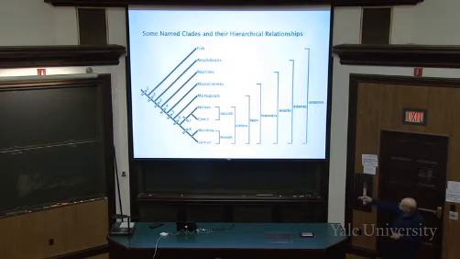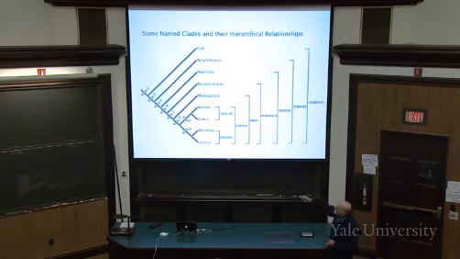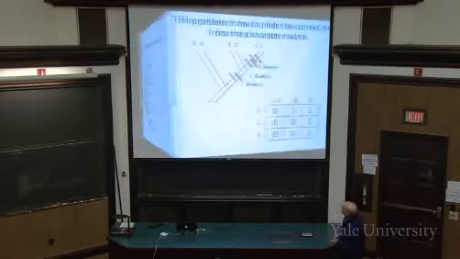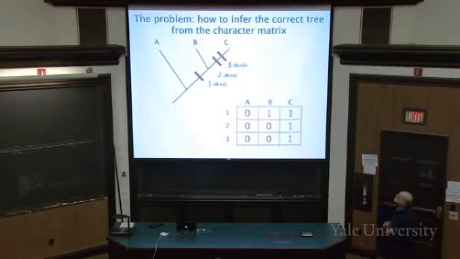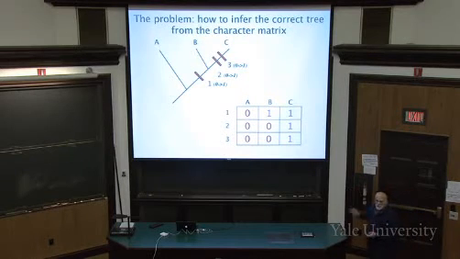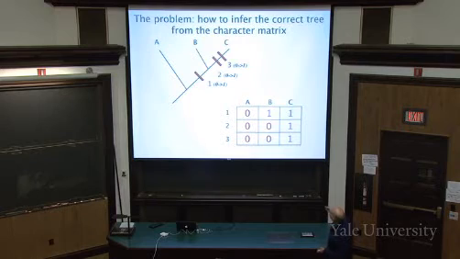So this is a natural classification, and that's the way all taxonomic nomenclature should be related to all good systematics. Now, how do you actually infer a tree from a character matrix? So here we're just trying to figure out if things are related or not. We don't have a tree yet, okay?